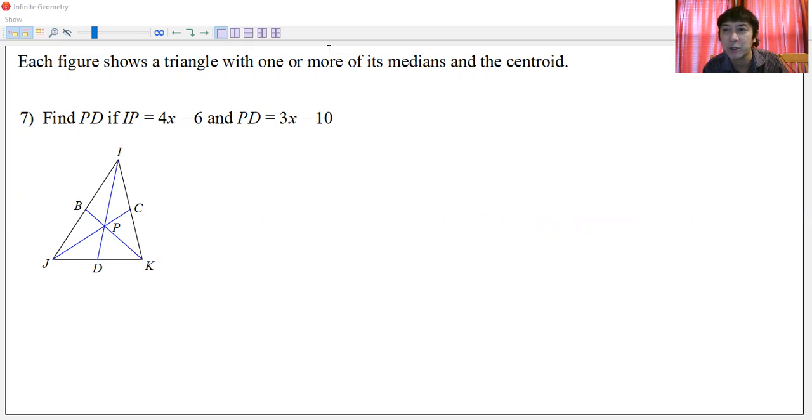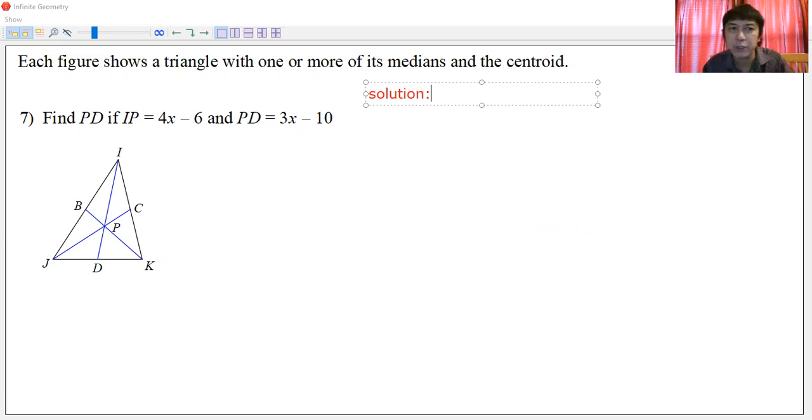Let us first relate IP and PD. From the drawing, consider the point P as the centroid of the triangle. We know that PD is the shorter and IP is the longer, and the shorter, when doubled, is the longer. So we can have the solution this way.